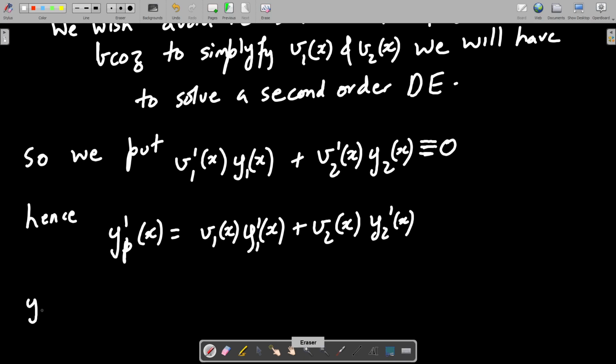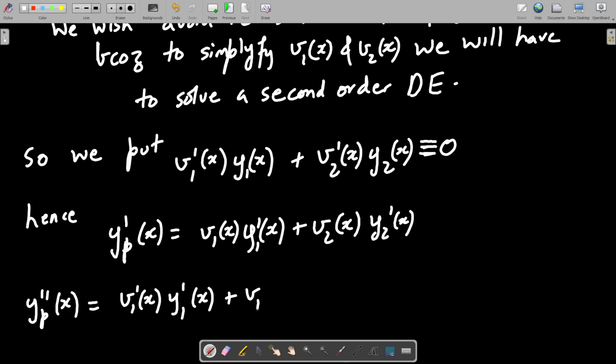So now what will be yp double prime? Take the derivative of this expression, we'll end up with v1 prime of x into y1 prime of x plus v1 of x into y1 double prime of x.